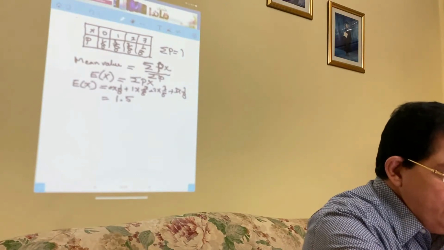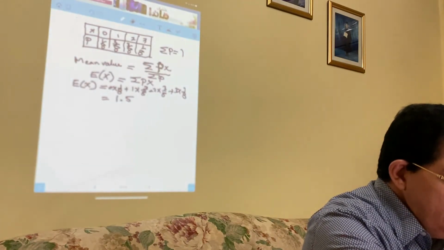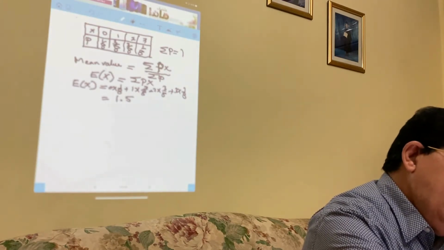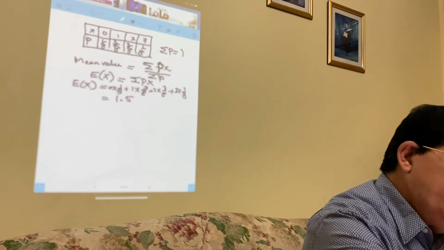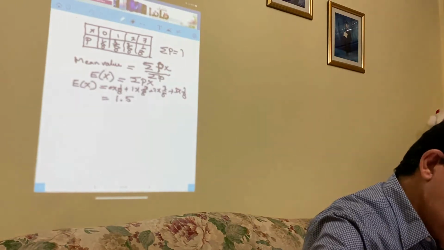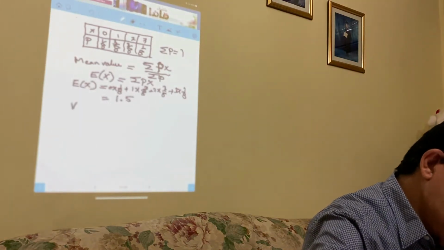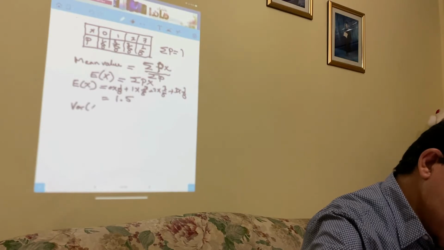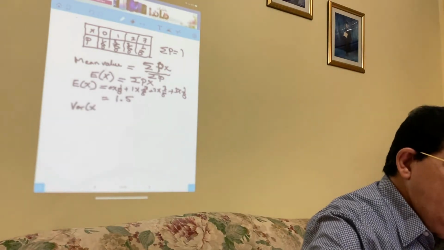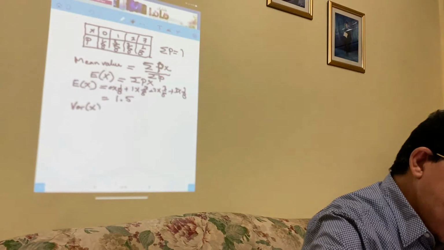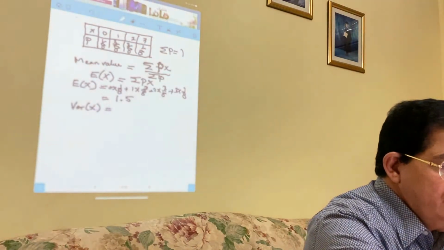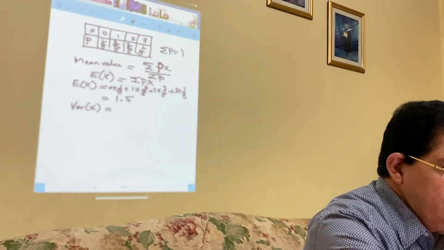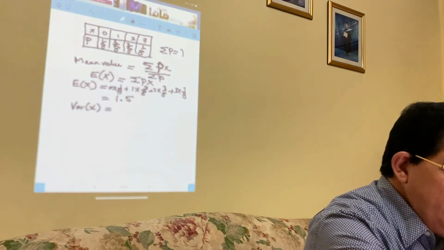From the same philosophy of getting exactly the terms, the useful terms we used to get before, we can get the variance of x. Exactly the same rule we had before. What was the variance of x?